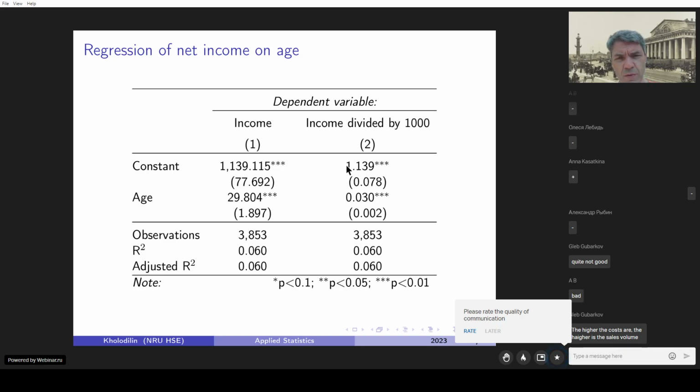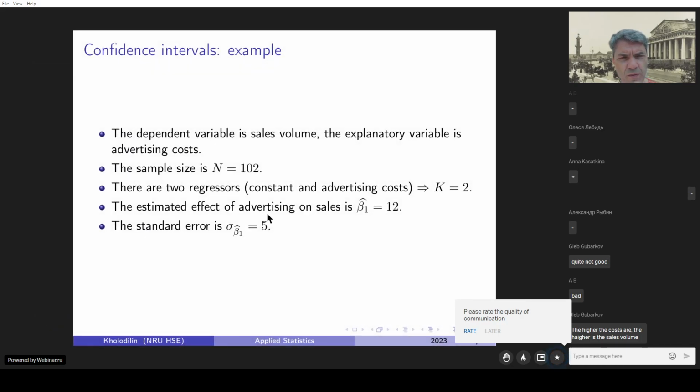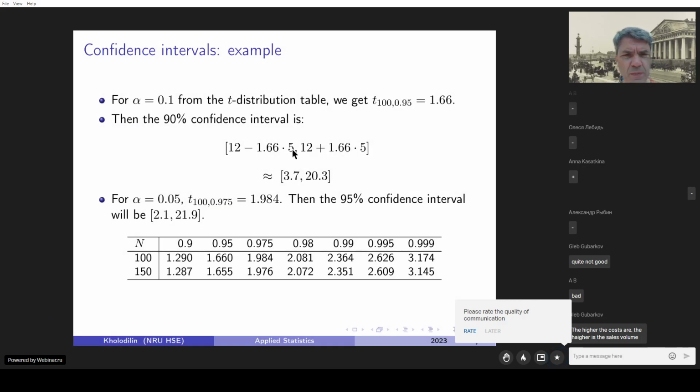So for example, 0.02 is the standard error of the coefficient of h, okay? In this particular case, the standard error of beta 1 is equal to 5. So we plug it in: here we have 12, the estimate of beta 1, minus the t-statistic corresponding to 100 degrees of freedom and the probability of 0.95.